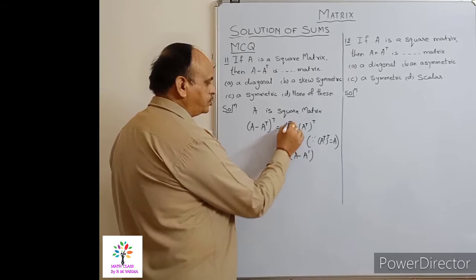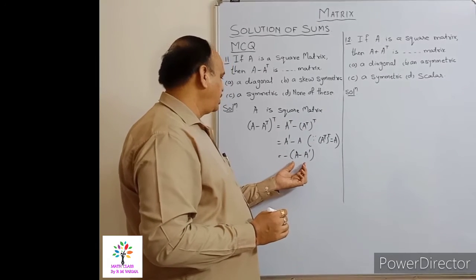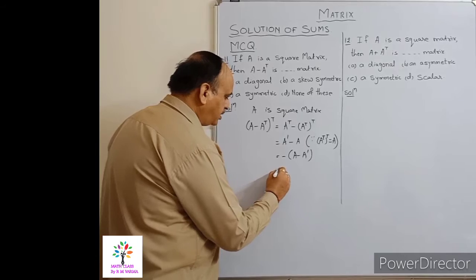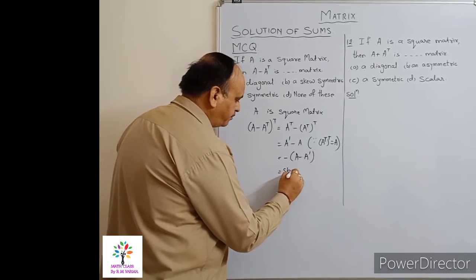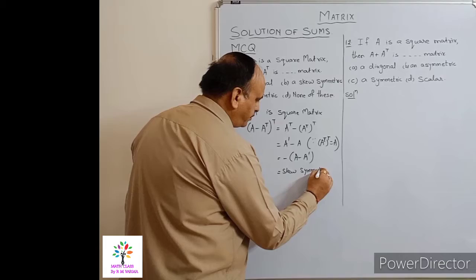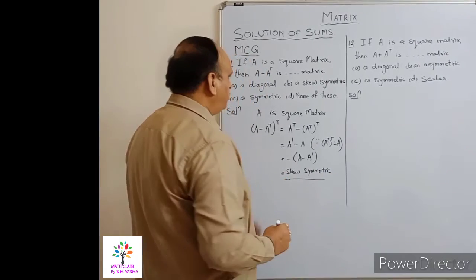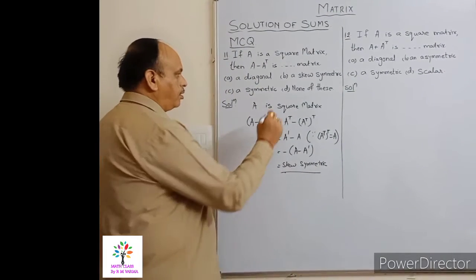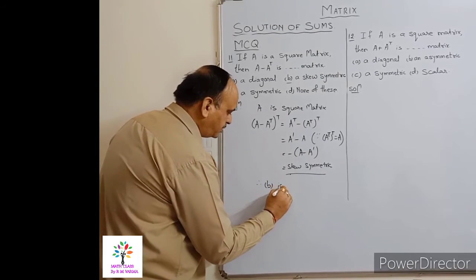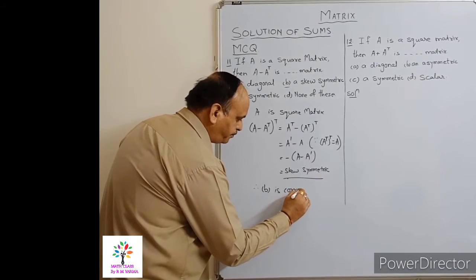You can use dash also, T also, whichever you like. So A minus A transpose, that means it is skew symmetric. So my correct answer is option number B. Therefore, B is my correct answer.